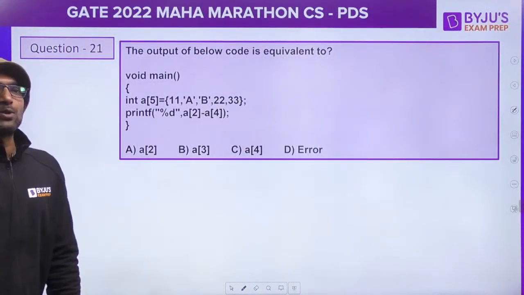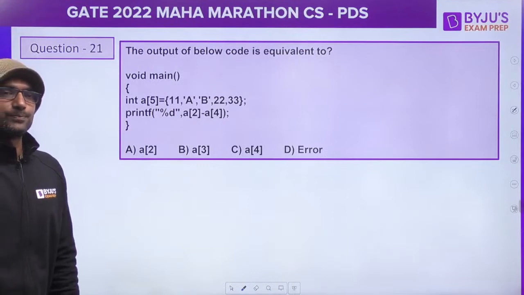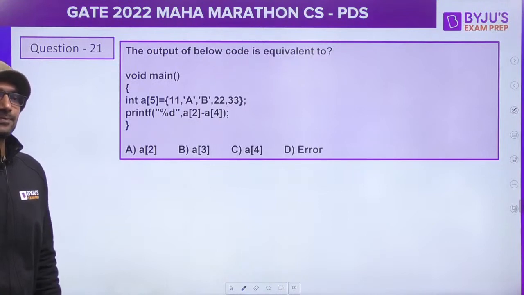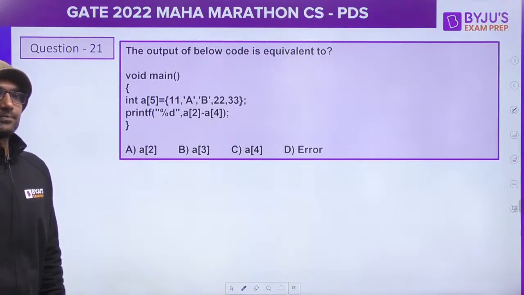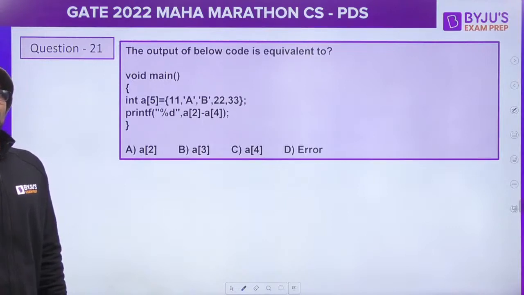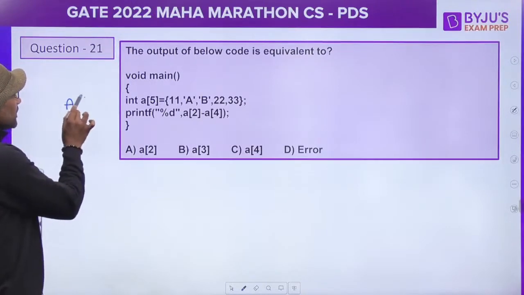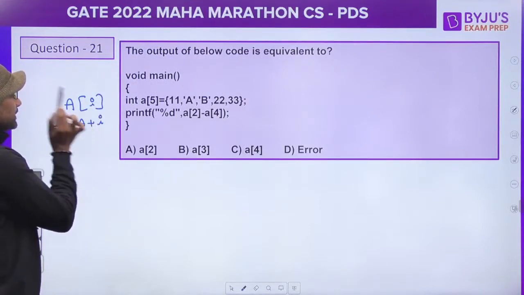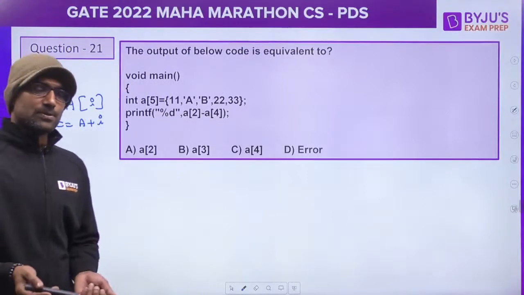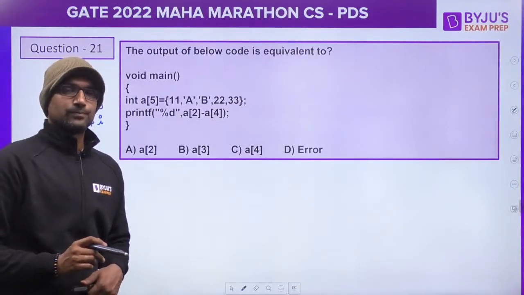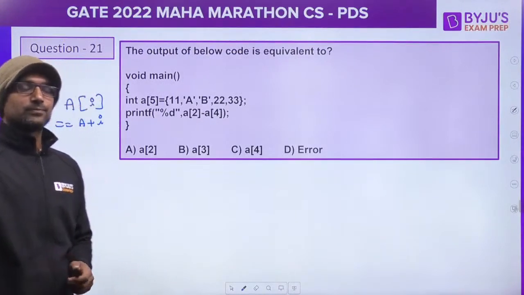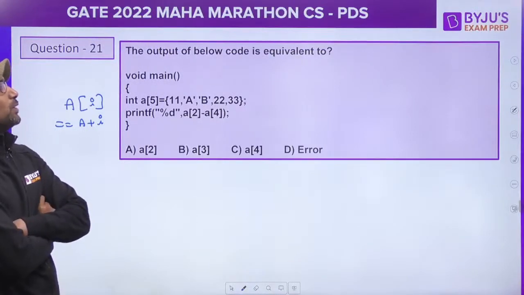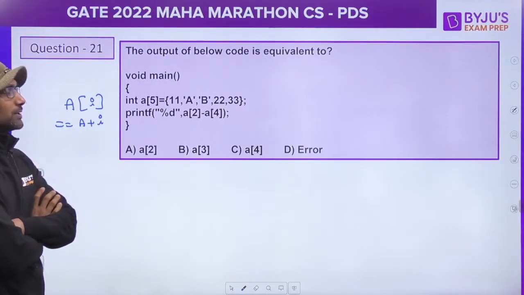The output of below code is equivalent to. a[i] equals to *(a plus i). In that i you can have positive value, negative value. Simple. The output of below code is equivalent to what?